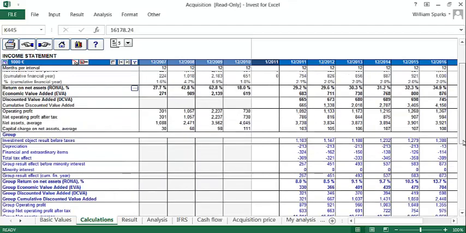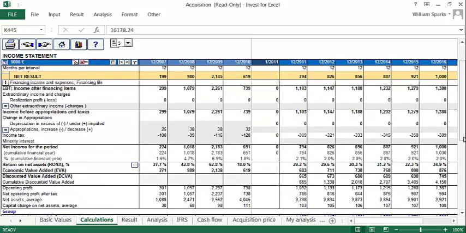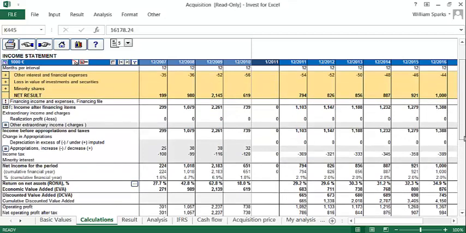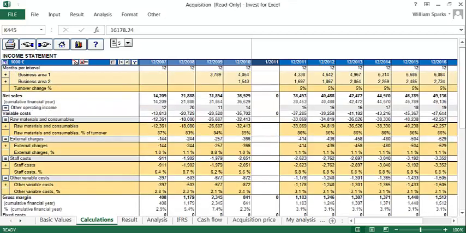What has been added here is a percentage calculated from net sales, so that you see how much staff cost is as a percentage of turnover, how much raw materials and consumables are as a percentage of turnover. This is just to help you then for making forecasts forward. This is also added manually, these formulas there.